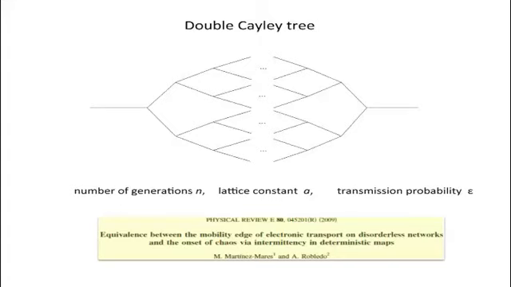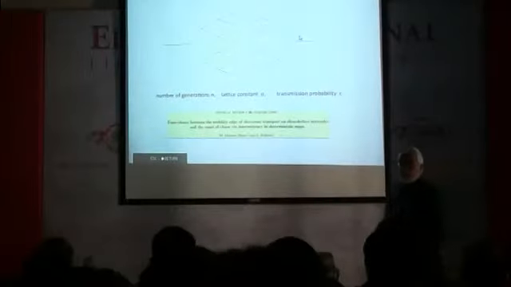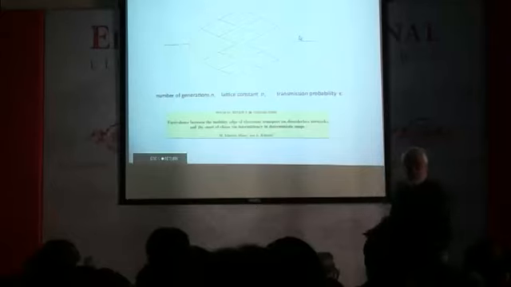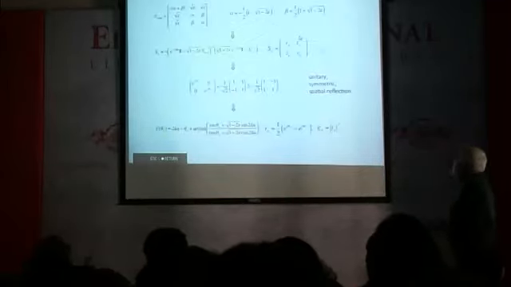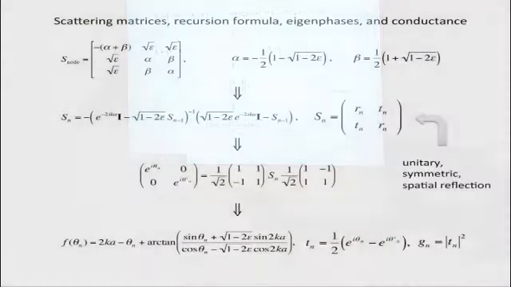And what we had was an analogy. Here is the reference, but it's an analogy between this problem of electronic transport across this network of scatterers and the onset of chaos or transition to chaos I was just talking about before.